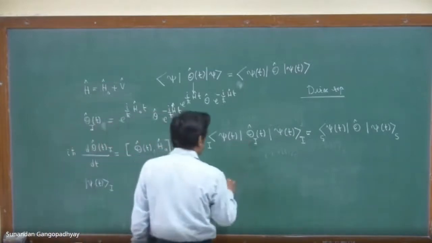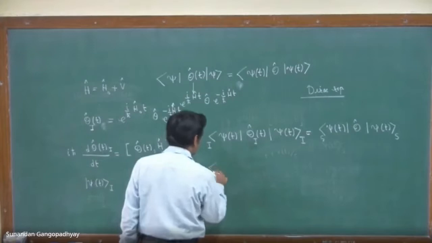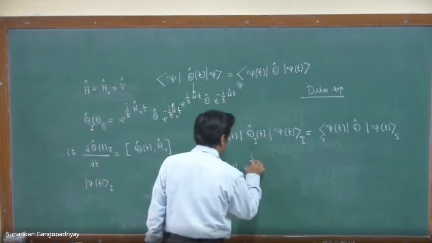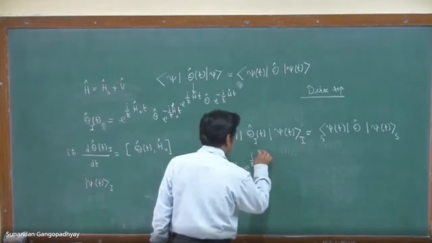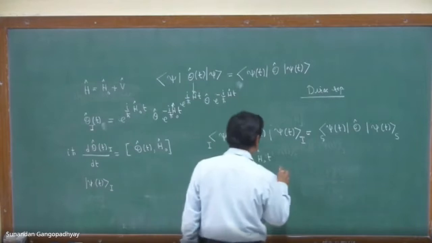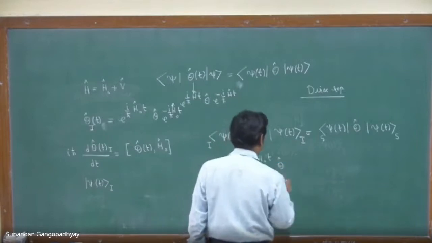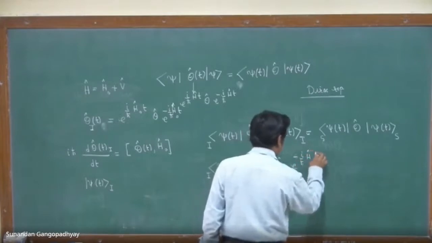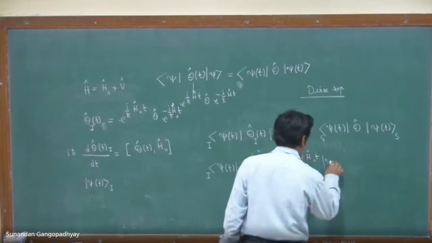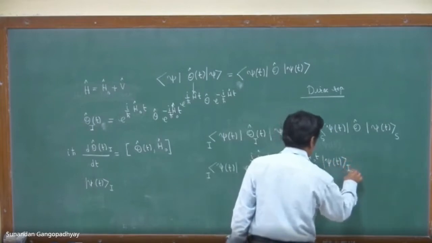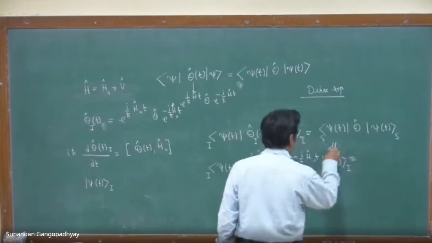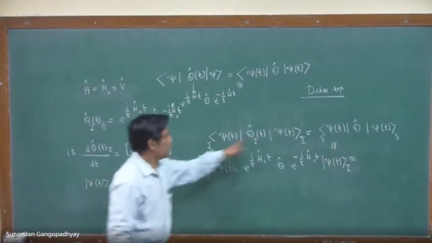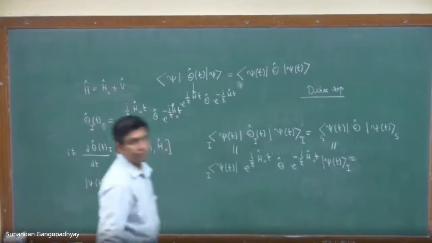Now let us just plug in what O hat I is. You get e to the power of I by h bar H naught t times O hat times e to the power of minus I by h bar H naught t. This thing is equal to this, and this thing is equal to this.